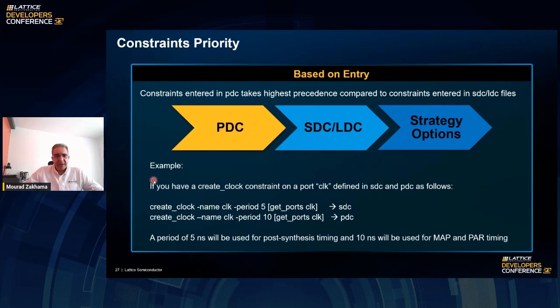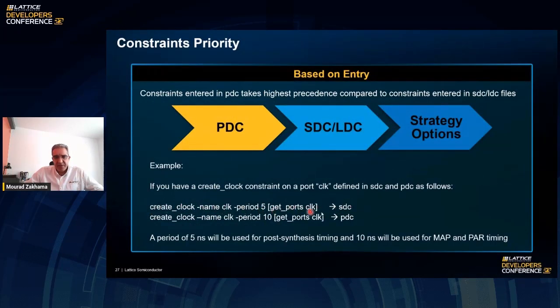So let's say you have create_clock with a period of 5 nanoseconds, and you put this in the SDC file. And then in the PDC file, which is the post-synthesis constraint, you put 10 nanoseconds.